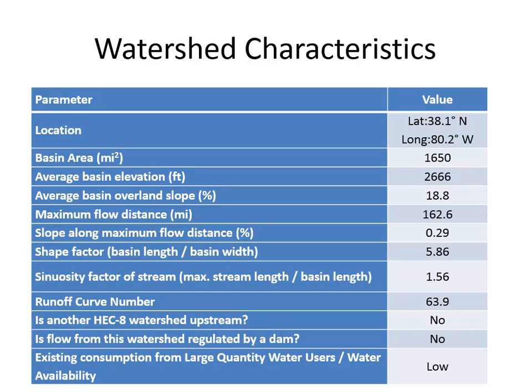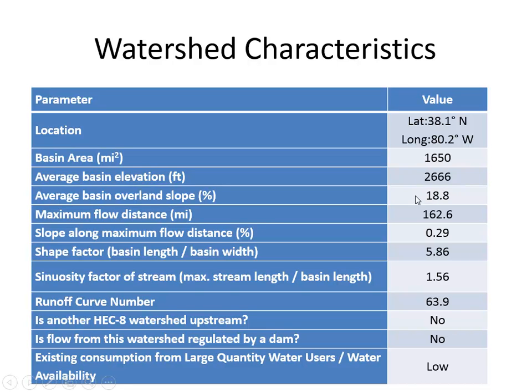Here are some other characteristics of the watershed. Sometimes you might be interested in the curve number. It's a very low curve number, extraordinarily low. But the other thing that's notable about this watershed is how high the average slope is, 18.8%.